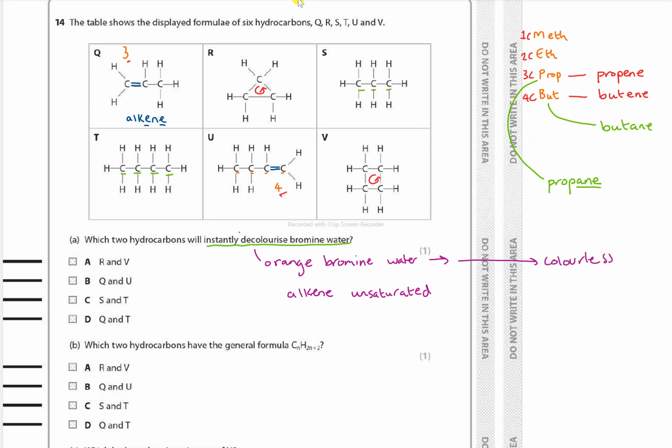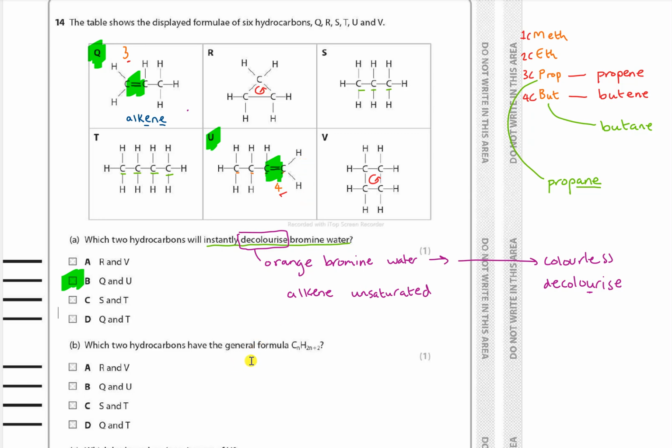The other word that they've used here is decolorize. So remember color with the British spelling. So it will be Q and U. Why? Because they are alkenes. The double bond. Q and U, so it's that one we're interested in.